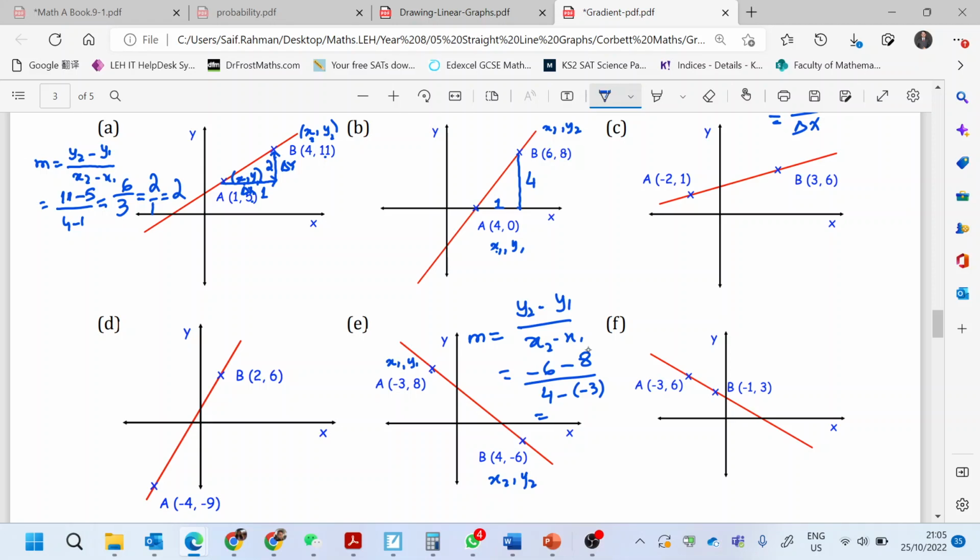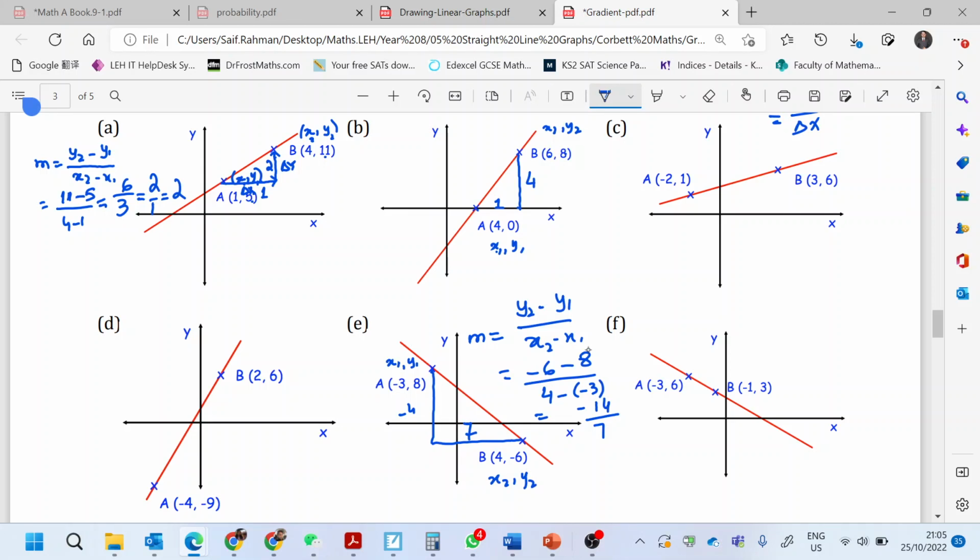So this gives us minus 14 over 4 minus minus is plus, so 4 plus 3 is 7, right? So m is this one. On the y-axis this one is minus 14 and on the x-axis it is 7.